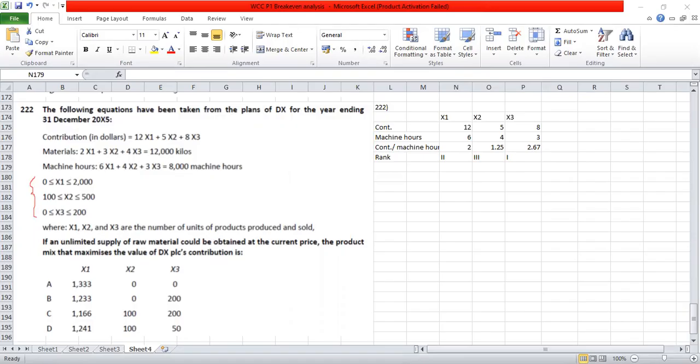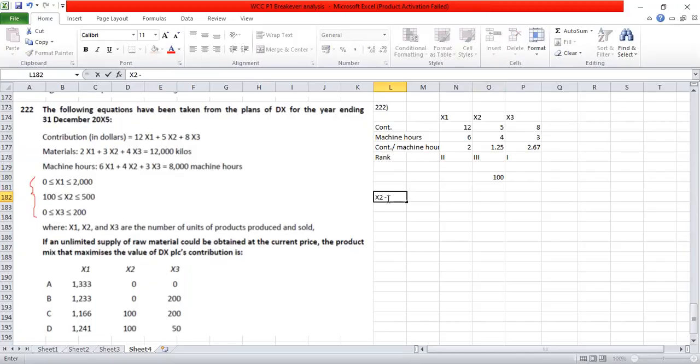Now, what we need to understand is that at least 100 is one constant given for X2. There is a limitation here that X2 in any situation should be produced 100 units. So let's take it as 100 units.